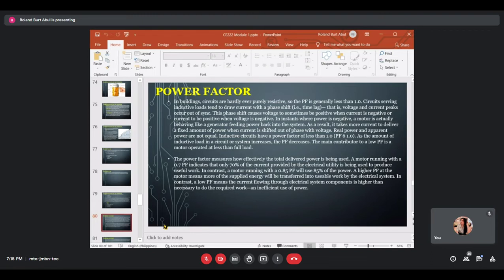In example 8, the power factor is less than 1, which means that the apparent power and real power are not equal. When an AC circuit is purely resistive, it draws current exactly synchronized and proportional to voltage. That is, voltage and current peaks occur simultaneously.